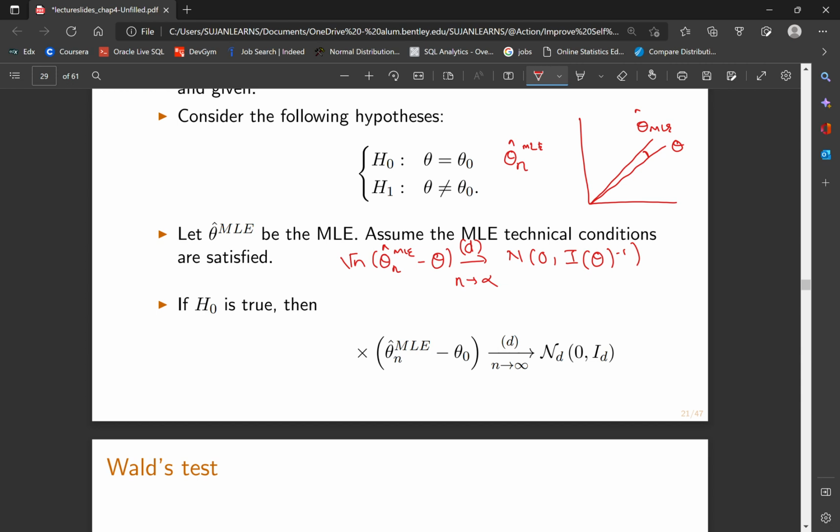Now we need to transform this into something that doesn't depend on the Fisher information.